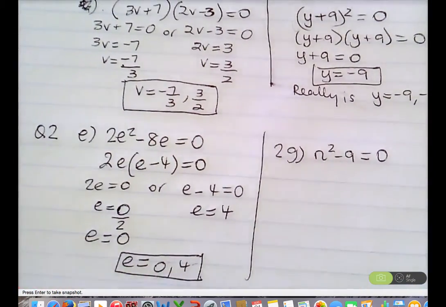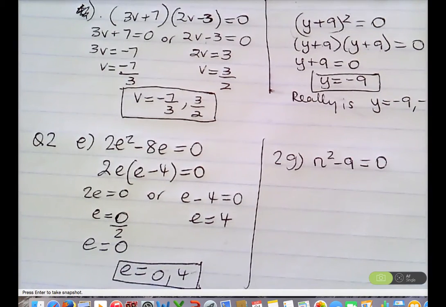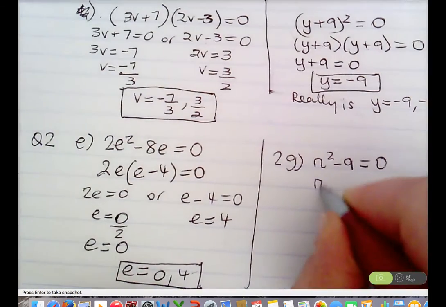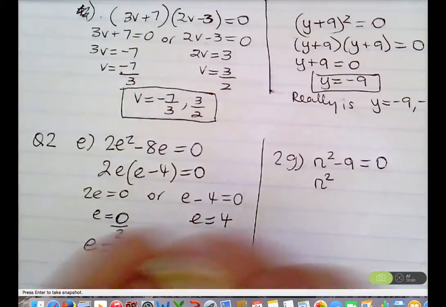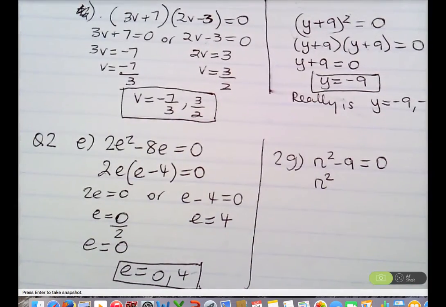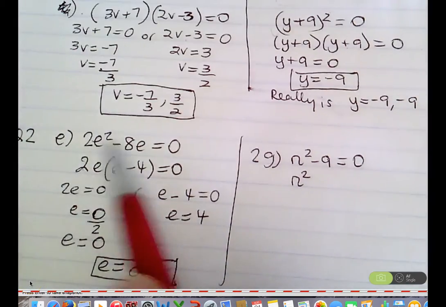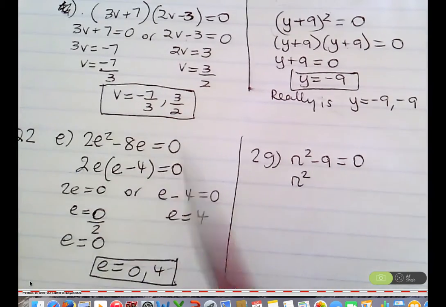What about the next one? Do you recognize it? Now we're getting into our perfect squares, difference of two squares, trinomials. Is it n plus 3 and minus 3? If you're not sure, see that question and this one. Two terms.